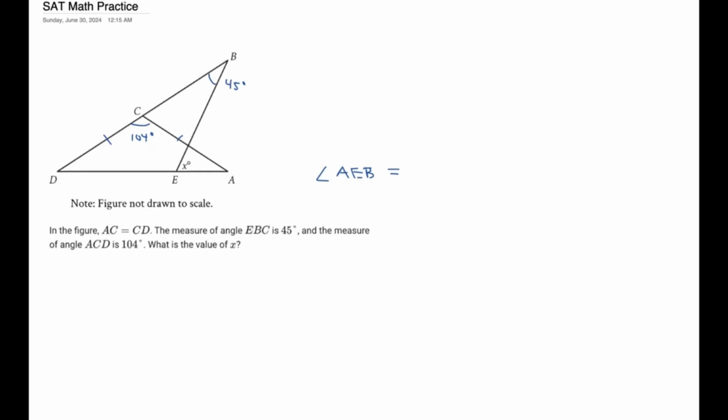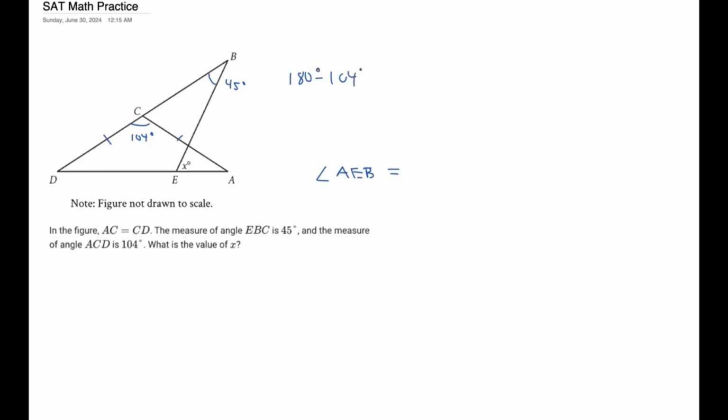Because these two side lengths are equal, then we know that these angles here, angle D and angle A, are going to be equal to each other, because there's only 180 degrees in a triangle, and we know angle ACD is 104. I should add units.